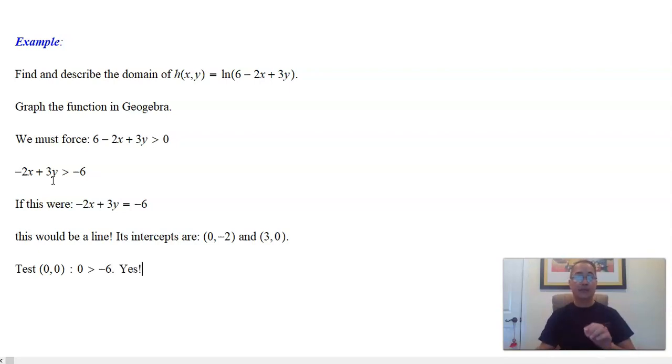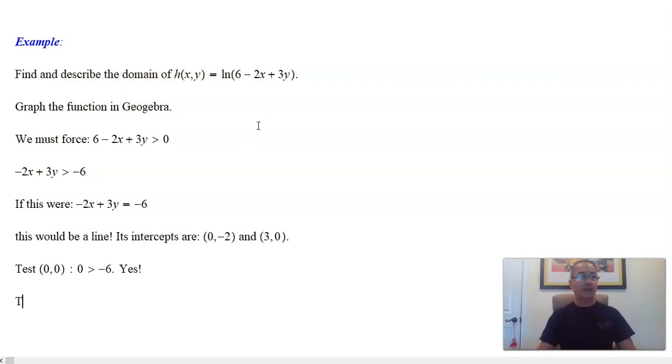yes. So what did we learn in algebra? If one point on the side of this line satisfies the inequality, then every point which is on the same side of the line as that point will also satisfy the inequality. So we are now able to answer the first request: find and describe the domain of this function.